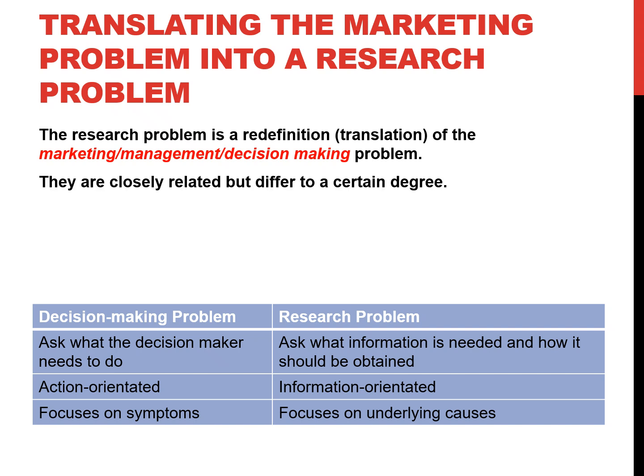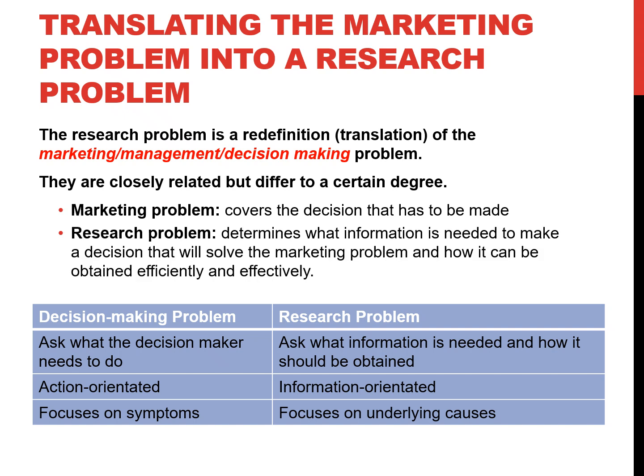They're obviously closely related, but differ. The marketing problem covers the decision that needs to be made, as opposed to the research problem, which determines what information is needed to make a decision, and certainly how it can be obtained efficiently and effectively.